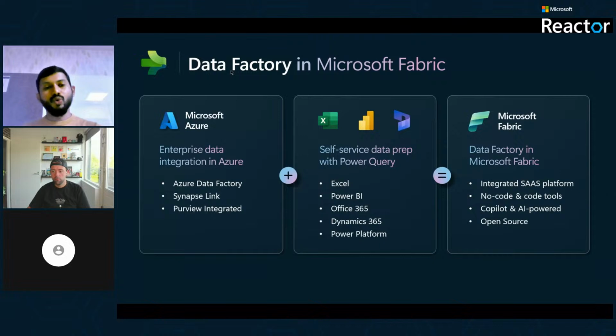By bringing these two together, we've created an integrated SaaS platform that supports both low-code and pro-code approaches for data integration. Fabric Data Factory is AI powered through Copilot and seamlessly integrates open data integration platforms, frameworks basically, making it a flexible and scalable solution for diverse data needs. Now, let's move to the next slide.